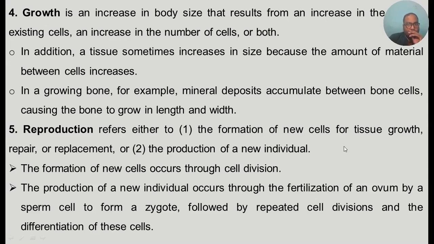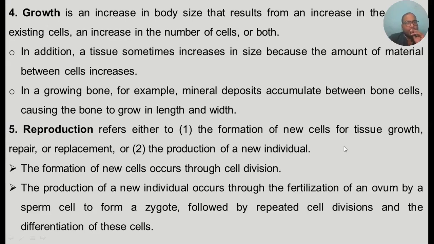These are all studied as reproduction. So reproduction is the formation of new cells for tissue growth, repair, replacement, or the production of new individuals. Over here, you can see examples.